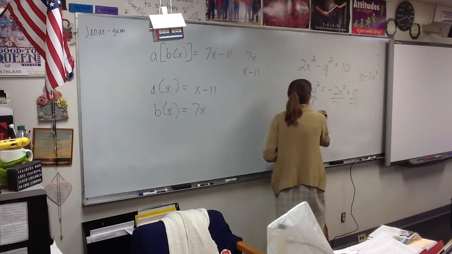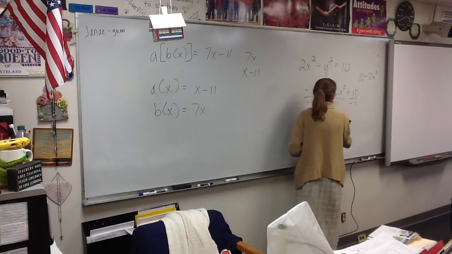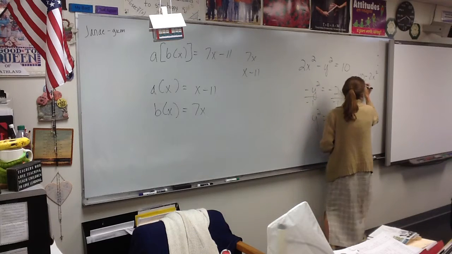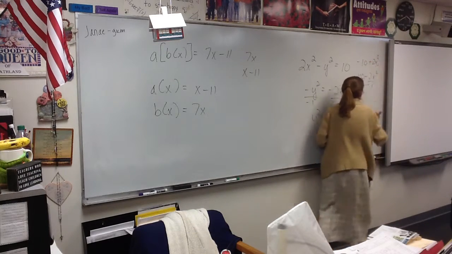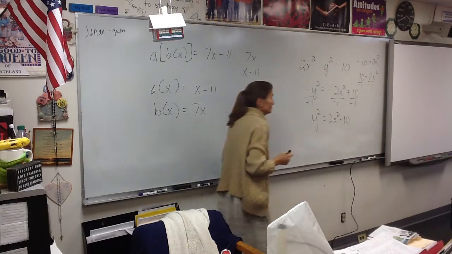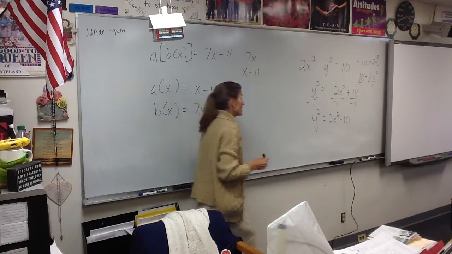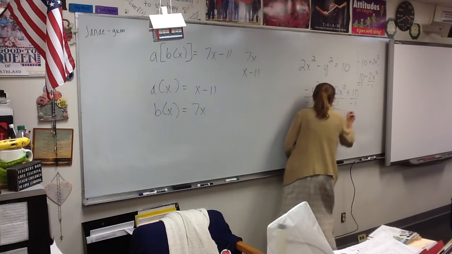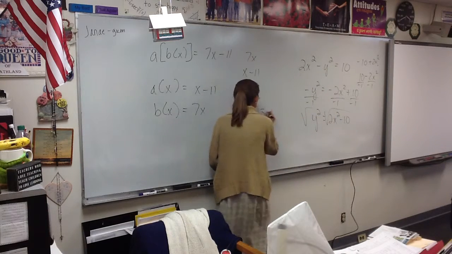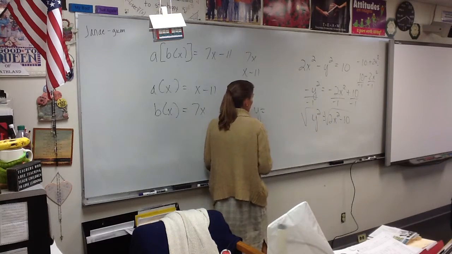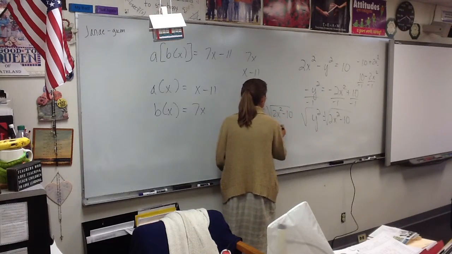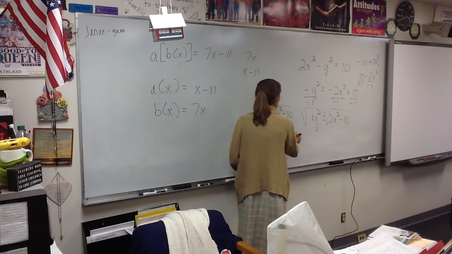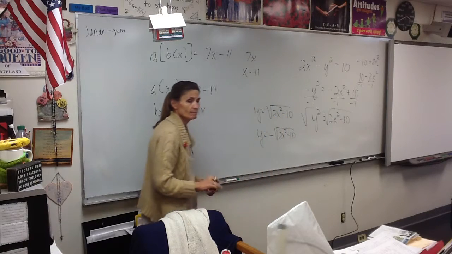In my order, it comes out to be 2x squared minus 10. In your order, it would be negative 10 plus 2x squared. It does not matter. Now we square root both sides. In the answer blanks, there are two of them. We'll have the square root of 2x squared minus 10 and the negative square root of 2x squared minus 10.